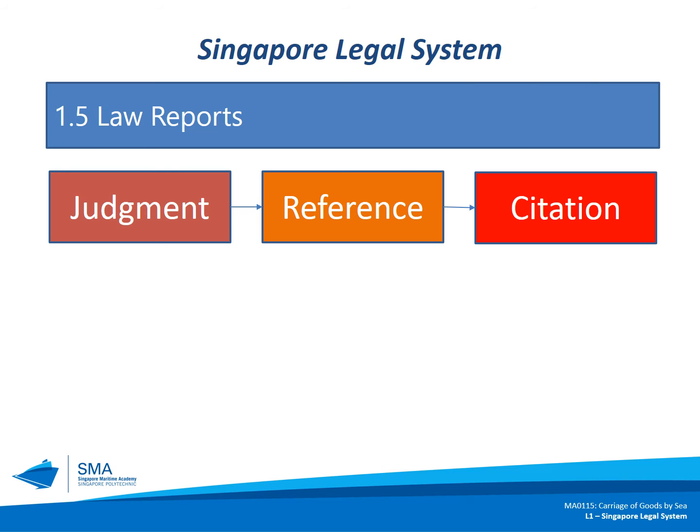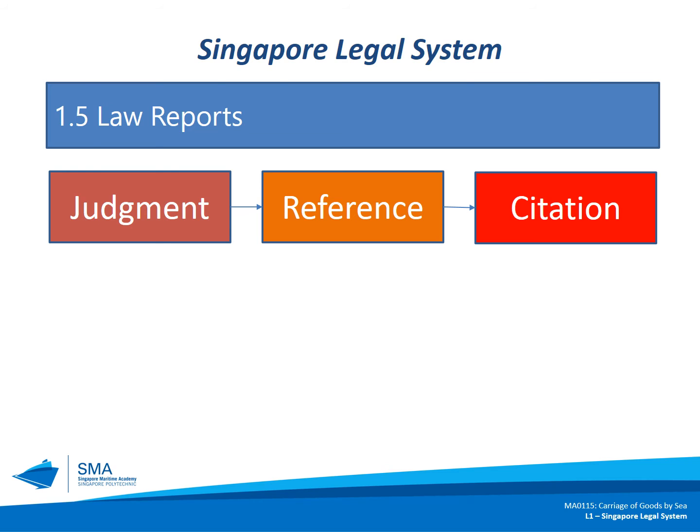Not only the decision, don't forget his judgment consists of the ratio decidendi. Remember ratio decidendi? The legal principle of his decision. It also consists of obiter dictum in the judgment. He's saying it in passing. And it also considers judicial precedent. He will refer to previous judgments. So when you read the judgment, you will definitely see these three things inside.